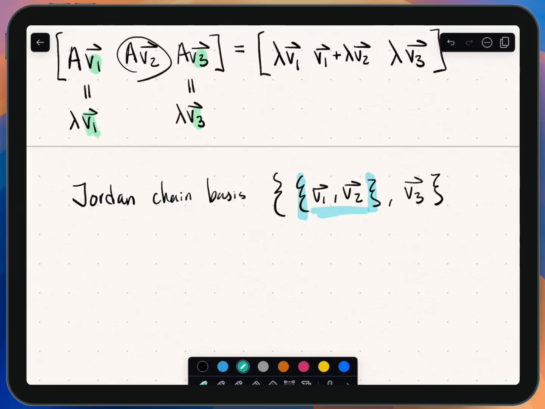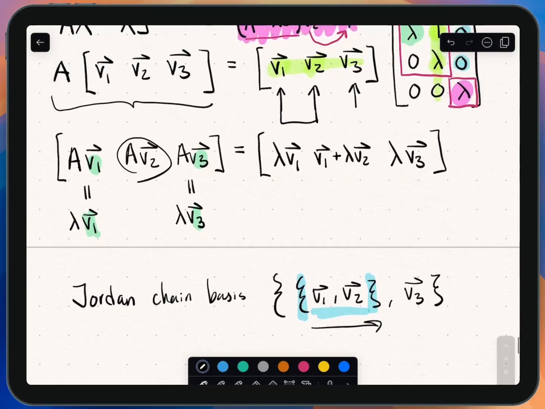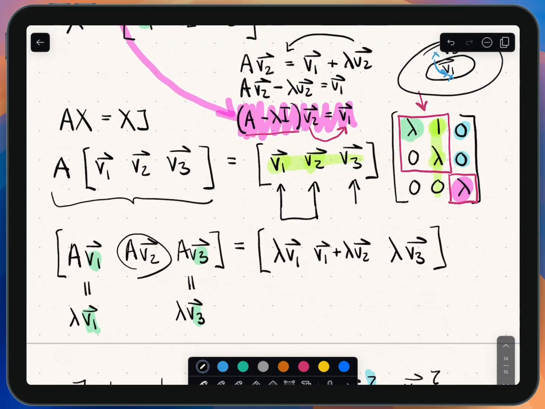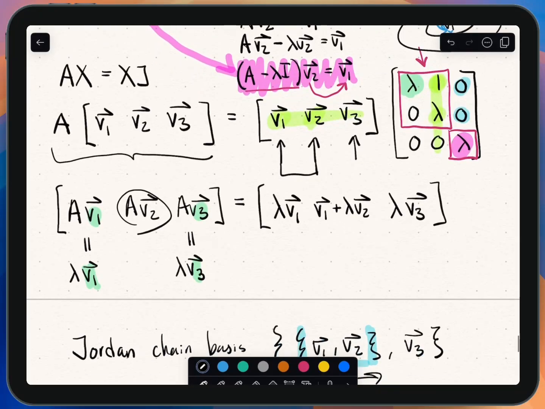And remember, this can go on for quite a while. This form then lets us reason about the algebraic multiplicity and the geometric multiplicity. So we know that the geometric multiplicity tells us how many eigenvectors there are for lambda.